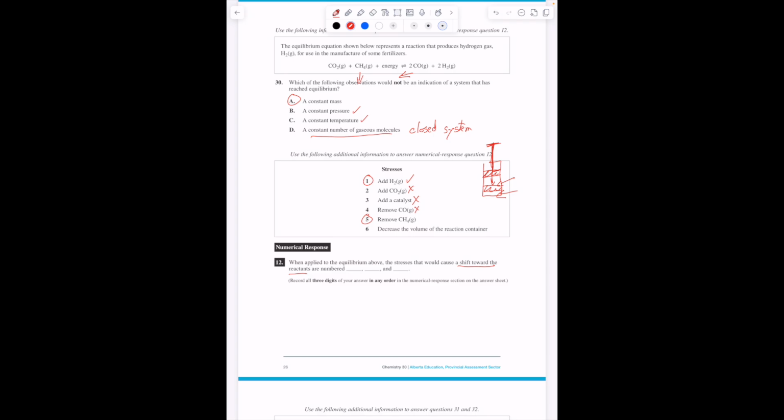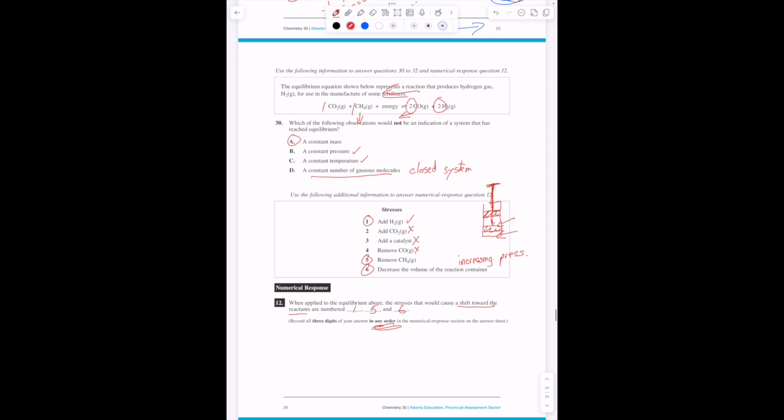If I'm decreasing the volume, I am increasing pressure. When you increase the pressure, it favors the side with the fewest moles. Fewest moles, I've got 1, 2, 2, 4. So yes, that would shift to reactants. 1, 5, and 6. Okay, and it looks like I'm going to use this to answer the questions on the next page as well.